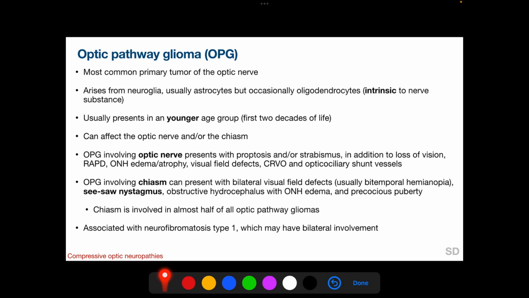The optic chiasm is involved in almost half of all optic pathway gliomas. Optic pathway gliomas are also associated with neurofibromatosis type 1, and neurofibromatosis type 1 may have bilateral involvement of the optic nerve with optic pathway gliomas.